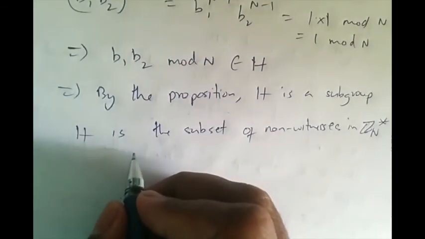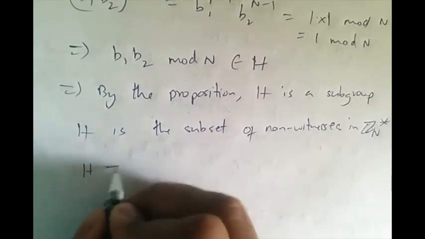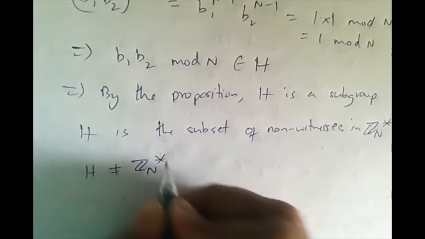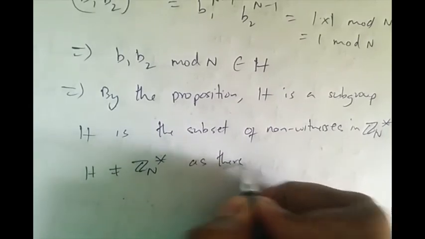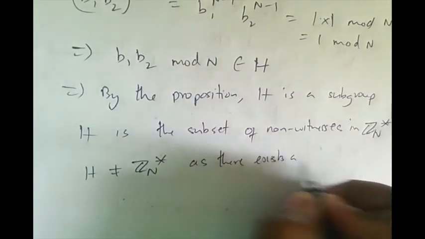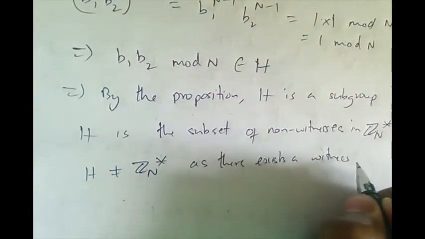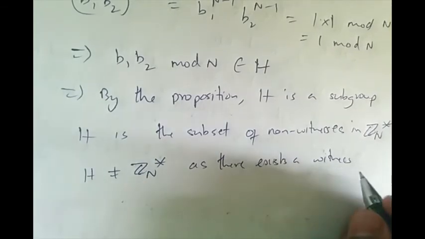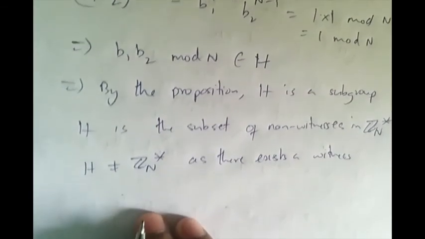Now there exists an element which is a witness. So H is not equal to Zn star, as there exists a witness in Zn star for the compositeness of n.